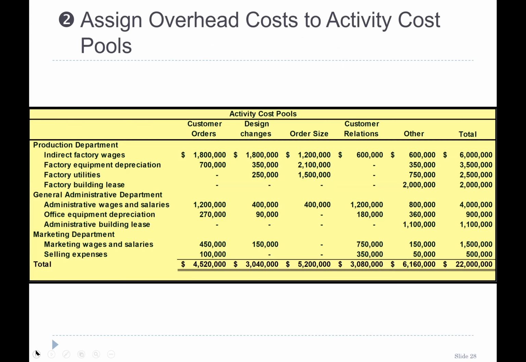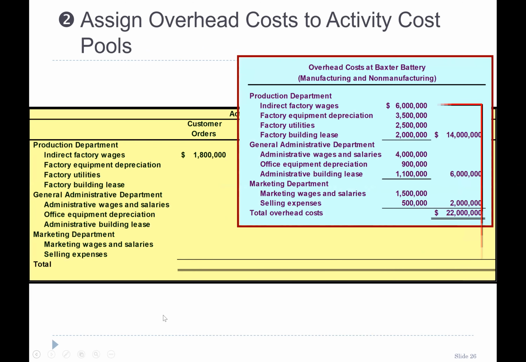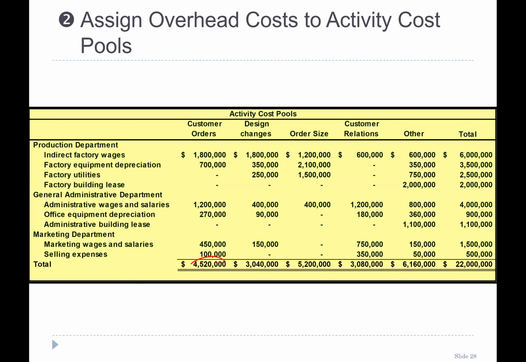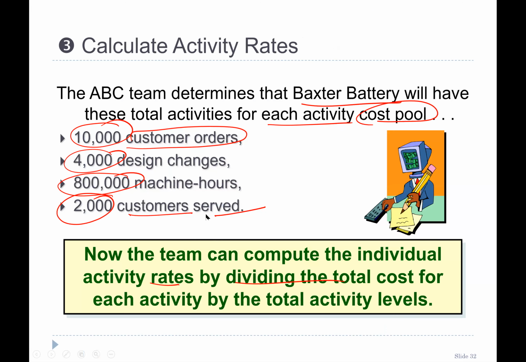Now we have activity pools: customer orders, 4.52 million; design changes, 3.04 million; order size, 5.2 million; customer relation, 3.08 million; others, 6.16 million. So now we have the activity rates.